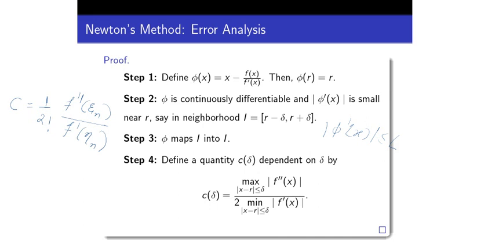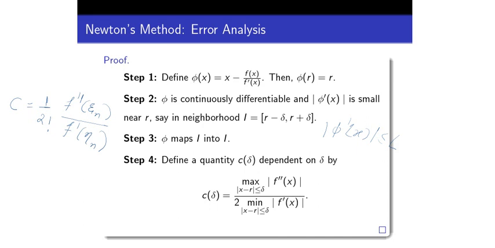Where zeta n and eta n lie between xn and r, if you recall. So in the neighborhood of r only.